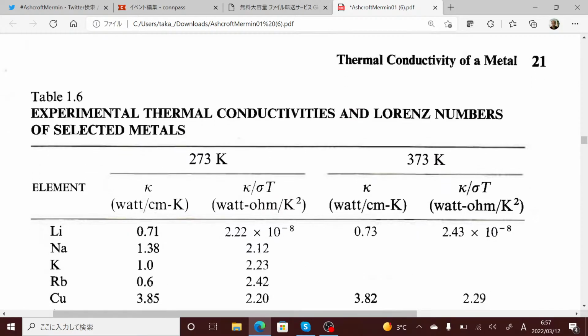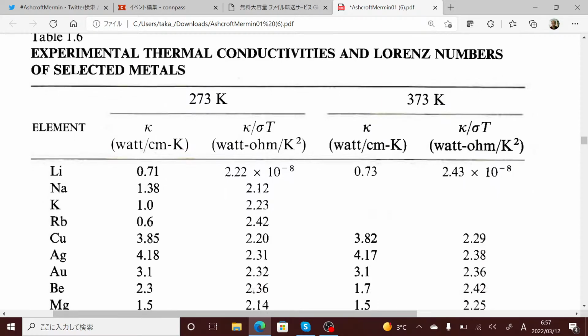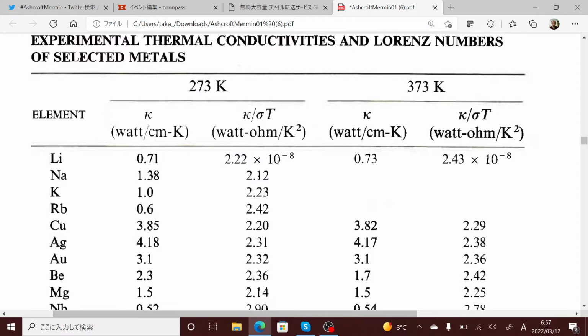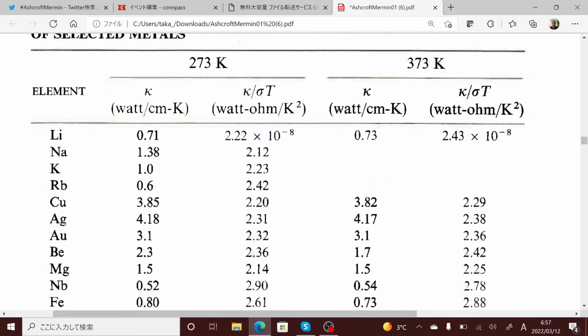Experimental thermal conductivity and Lorentz numbers of selected metals. Kappa, the thermal conductivity, in watt per centimeter Kelvin.